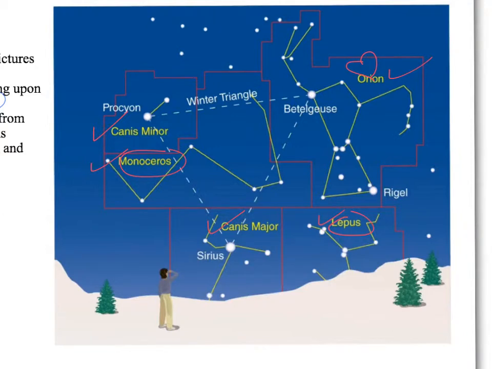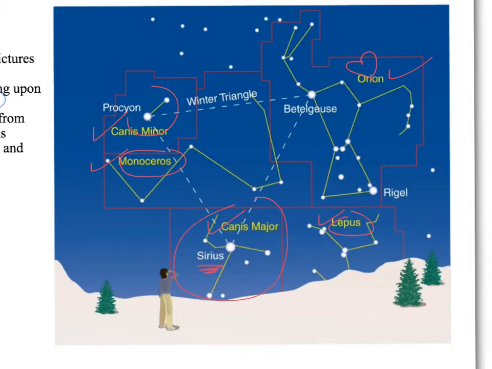And it's not too hard to pick out Canis Major because Sirius is the brightest star in the nighttime sky. It doesn't mean it's necessarily the closest or putting out the most energy, but it is the brightest from our perspective. And Canis Minor is not too hard to find. So those are the constellations in yellow there.